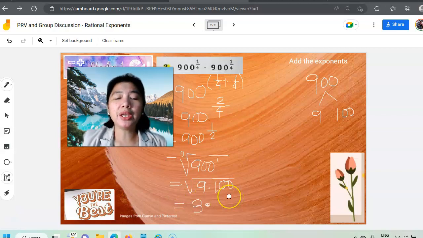The square root of 100 is 10. Now we have 2 factors here, and we don't have the radical symbol anymore. And then 3 times 10 is 30.